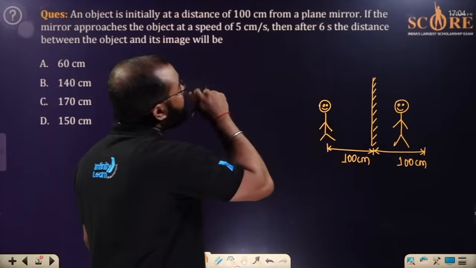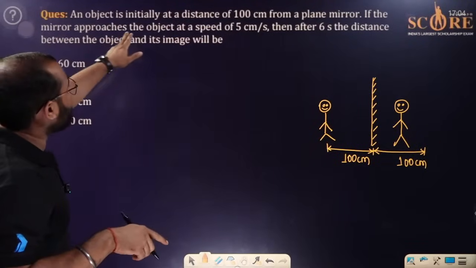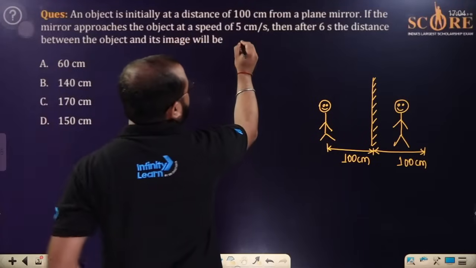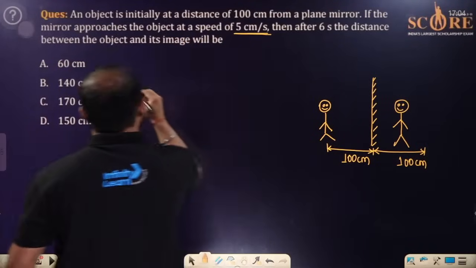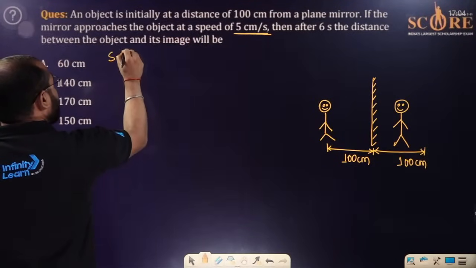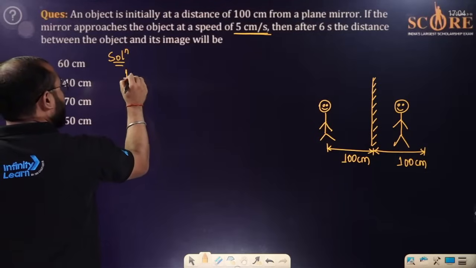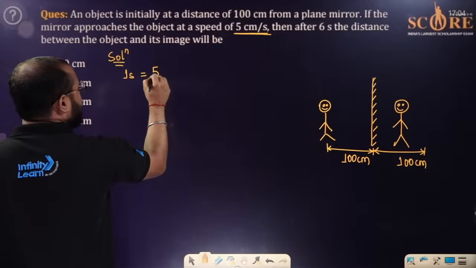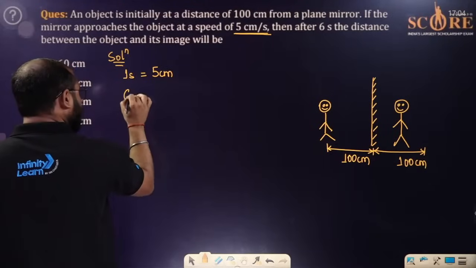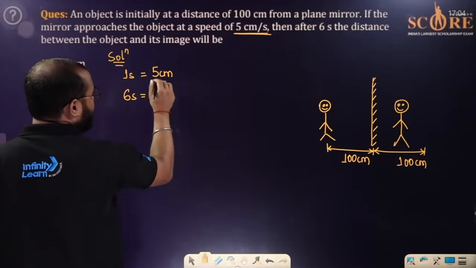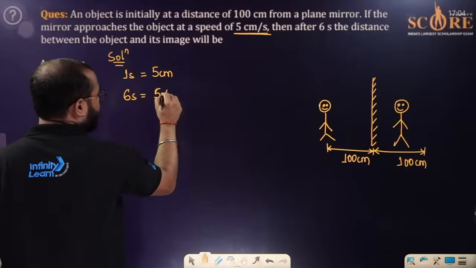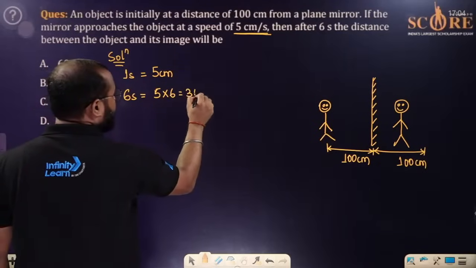If the mirror approaches the object with a speed of 5 centimeter per second, it travels 5 centimeter in 1 second. So in 6 seconds it travels 5 into 6, which is 30 centimeter.